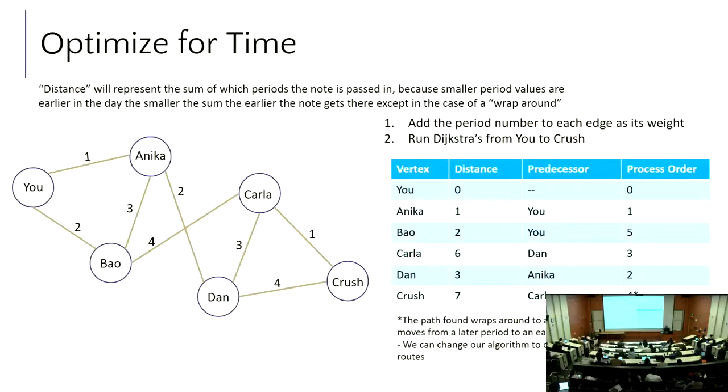I might end up hitting my rollover period thing, and I will fully admit, we kind of took that rollover part out of the midterm because we thought that was cruel. But if I use the period numbers, that could help me get that shortest path, figure out what's the earliest in the day my note could get to my crush.